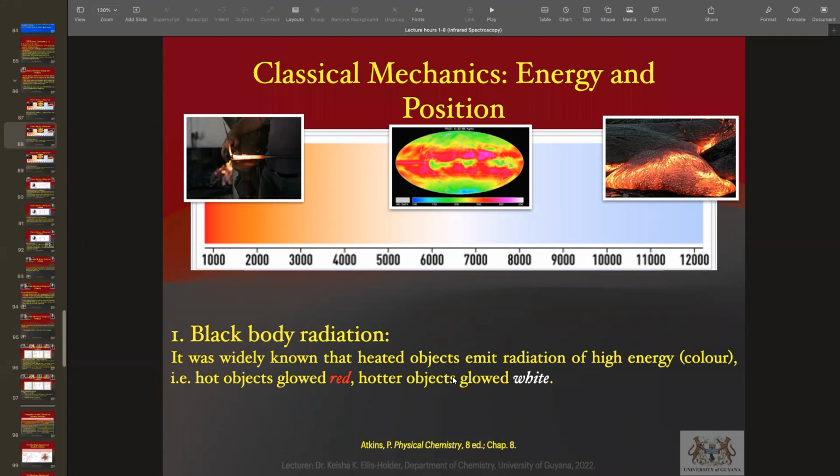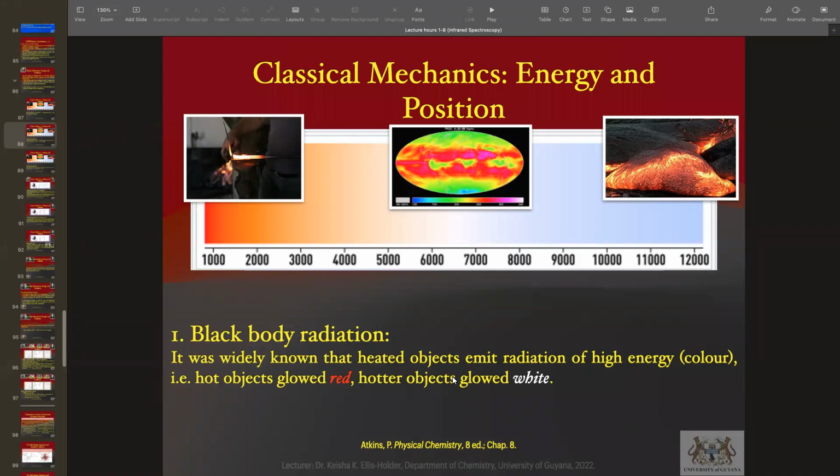Now, it was well known by observing the physical world that a heated object would have a corresponding temperature characteristic that would allow it to be identified as hot. But in addition to that, there is a corresponding color that aligns with that temperature.